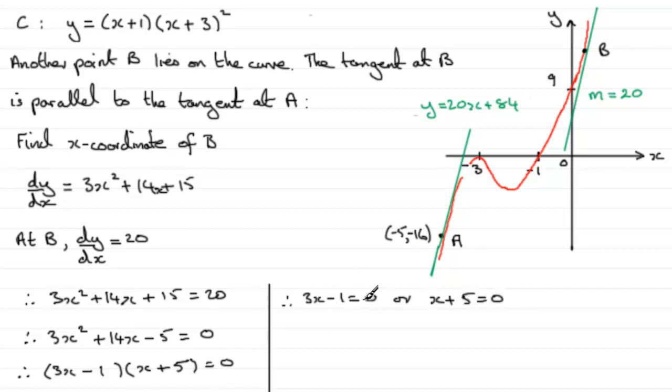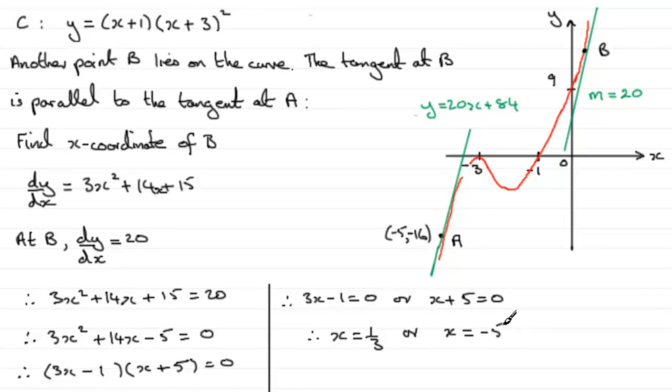If we add 1 to both sides, we get 3x equals 1, and then divide by 3, you end up with x equaling a third. And for this one, if we subtract 5 from both sides, we get x equals minus 5. Now, these are the two x values where the gradient on the curve is 20.